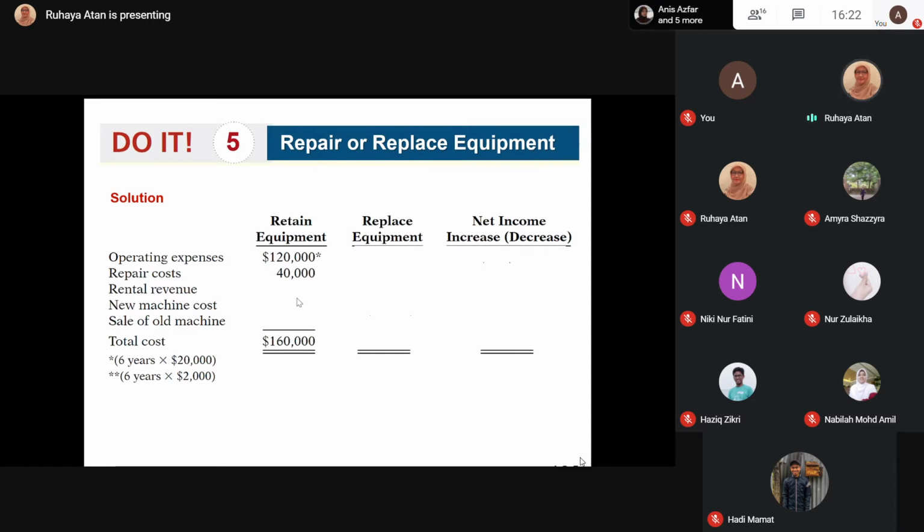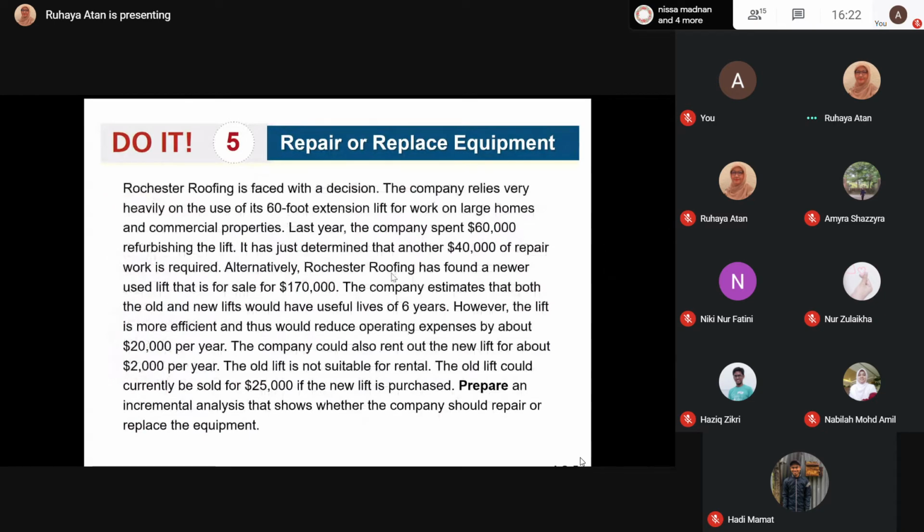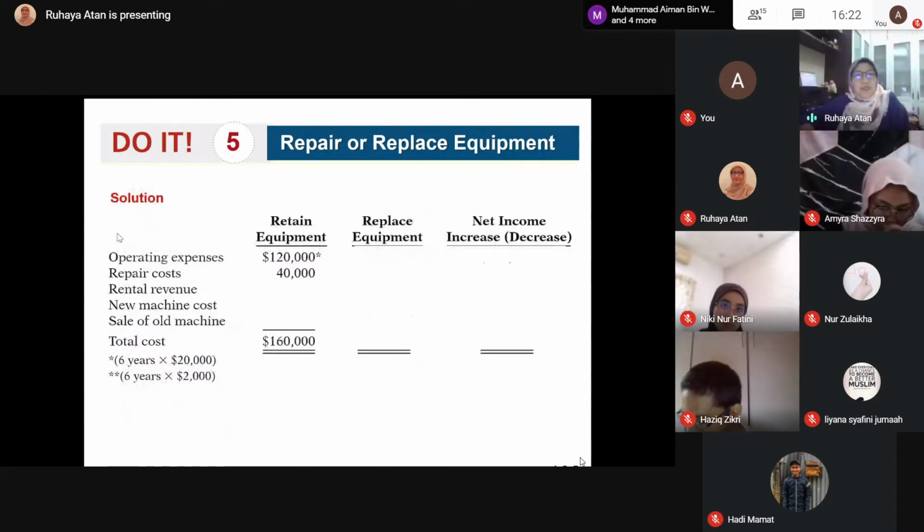How much will be the net income? So the first column, if you have to retain the equipment, you will still incur operating expense of 120,000 and the repair cost.